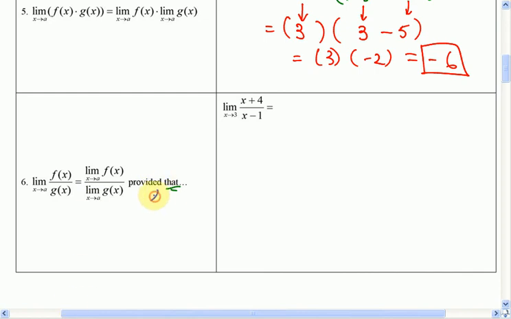So provided that the limit as x approaches a of g of x, your denominator, does not equal 0. Alright, so let's go ahead and try to calculate this limit. I see the limit as x approaches 3 of x plus 4 over x minus 1. And like I said, let's split it up.